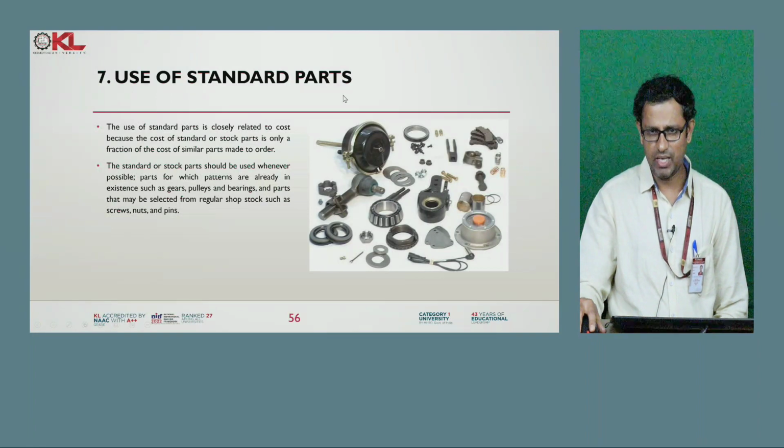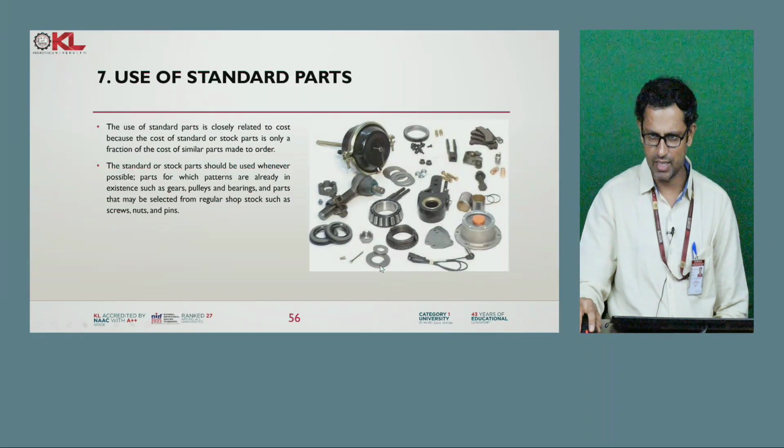So, if you want to replace, you have to fabricate that shaft on your own, because you won't get that product in the market. So, that is why in order to accommodate the exchange of the component, we have to use the standard parts wherever it is possible in our design.